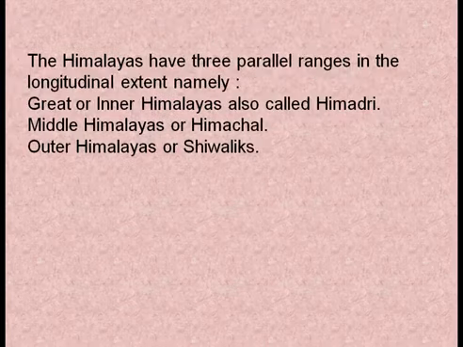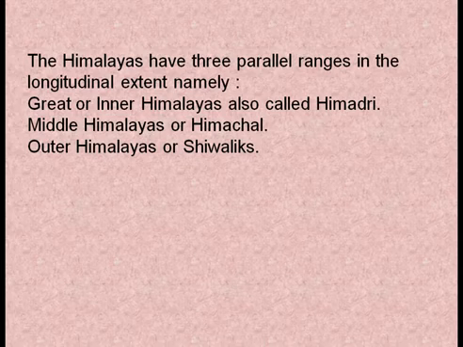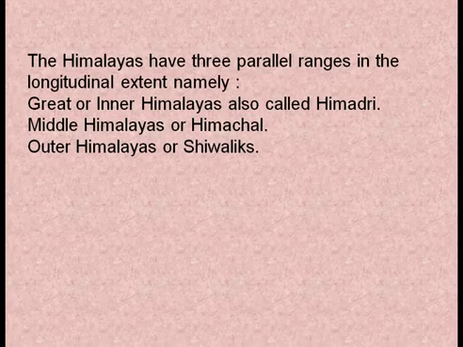Next, explain in detail the 3 parallel ranges of Himalaya. When it comes in the examination, you have to explain all these 3 ranges in a detailed manner. In that you will explain about the Great Himalaya or Inner Himalaya, Himadri.